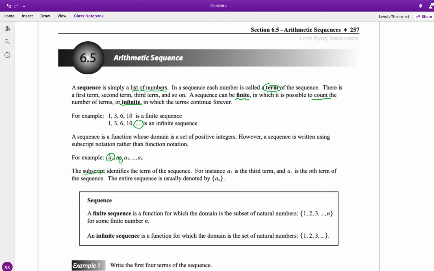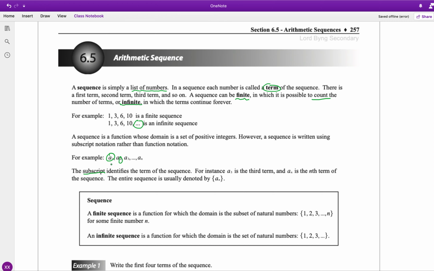But A2 is the term value. It's very important that we do not mix up the term number, the second term, the third term, with the value of the term, which is how much the second term is, what number is in the second position of this list of numbers.